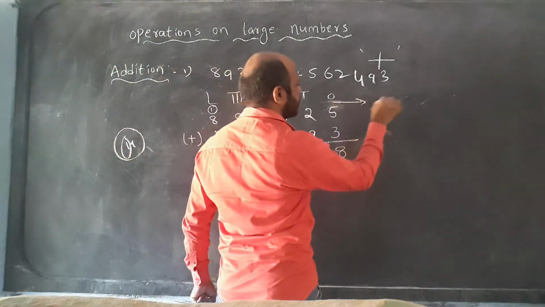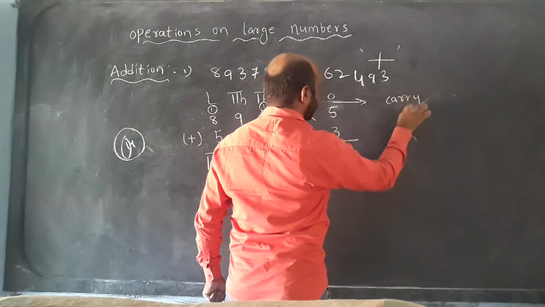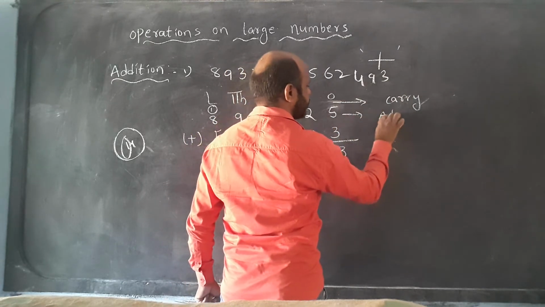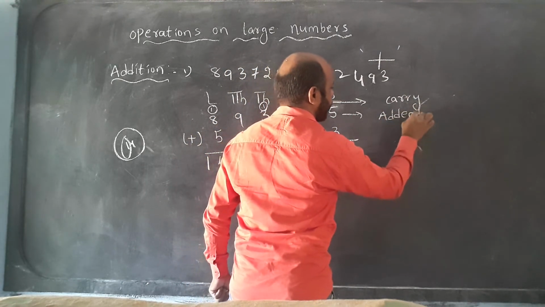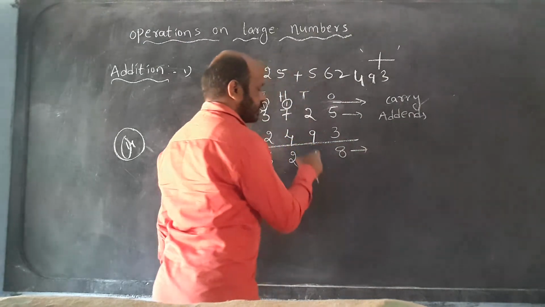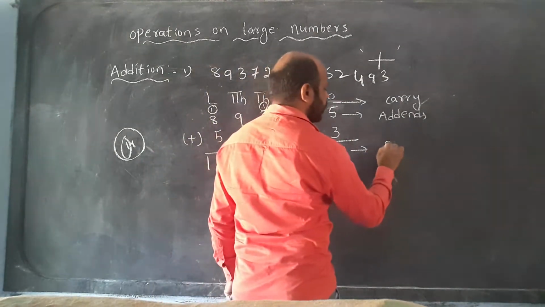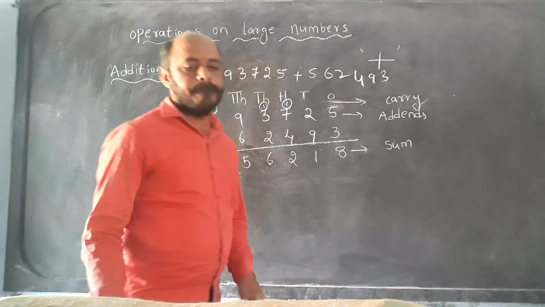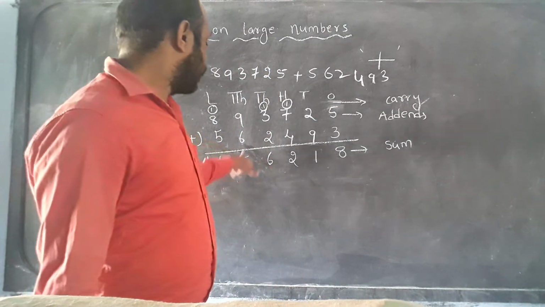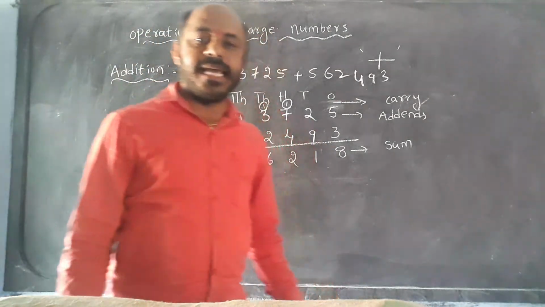Whatever we wrote up, we will call a carry. These numbers we have are addends. Sum of 2 addends. Whatever total we got, we will call a sum.